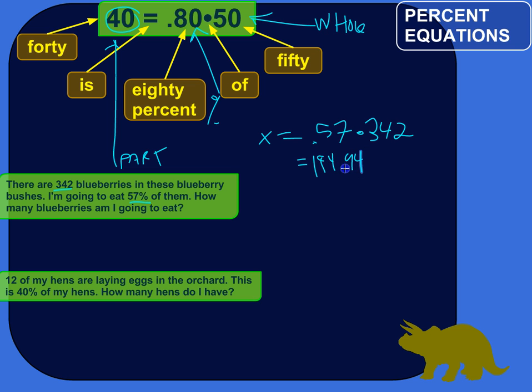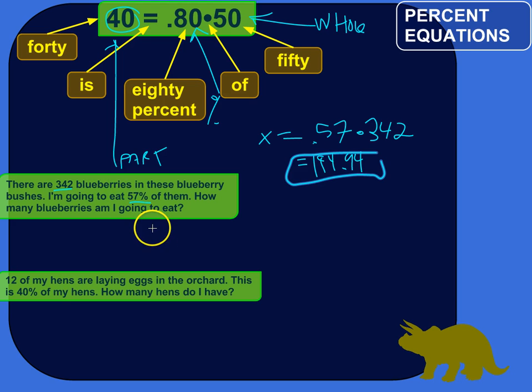So I'm going to eat 194 blueberries, and then I'm going to eat almost another blueberry, but I'm going to spit out the last little top part or something. Maybe it's sour. I don't know. So yeah, that's how you would solve for a part out of a whole.